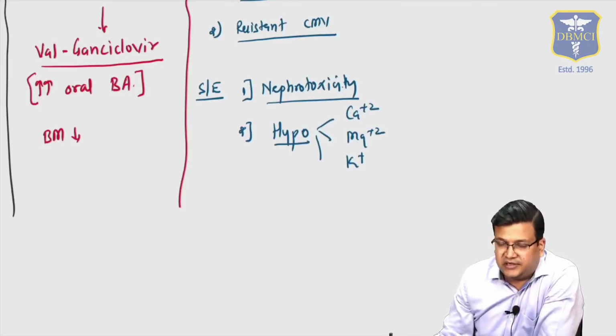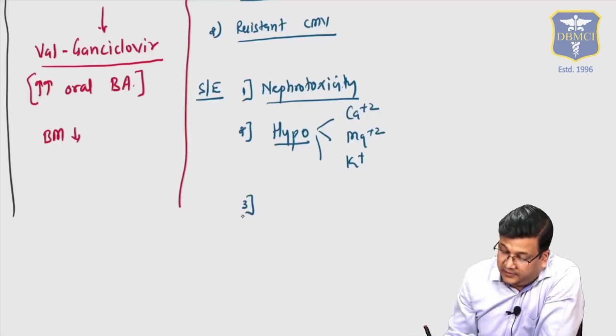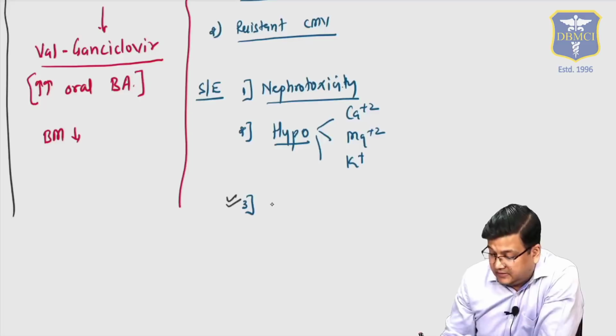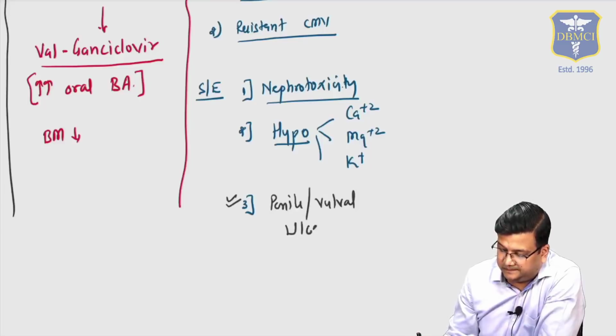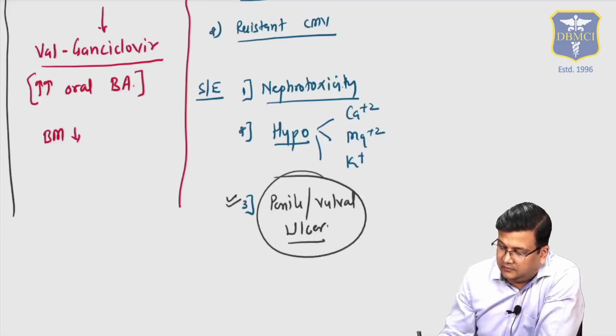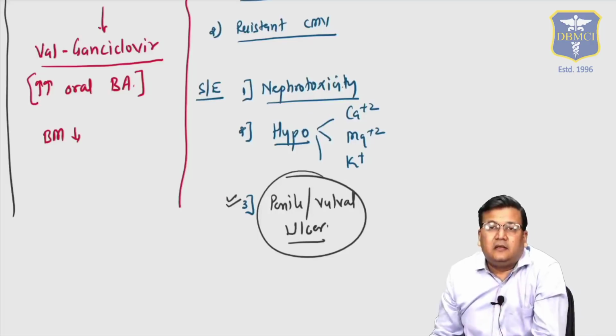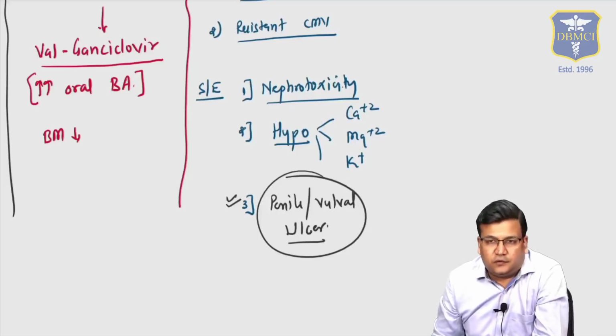These kinds of problems can occur, and one rare side effect which has now been accepted is penile or vulval ulcers. This has been recently acknowledged as a new side effect of foscarnet.